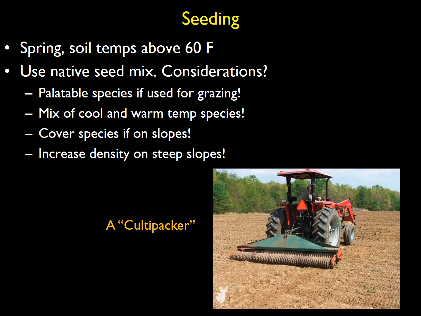And if you don't have a native seed drill, you can use something like this piece of equipment called a cultipacker here. Again, it's something that attaches to the back of a tractor, and so it'll go over those seeds and work them into the soil, and that's going to stimulate germination and provide conditions that these seeds would normally experience to allow them to germinate and get going.